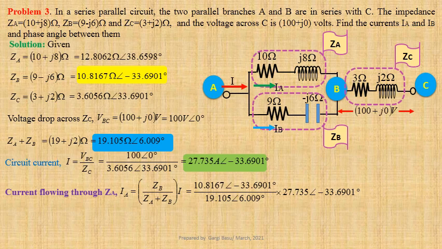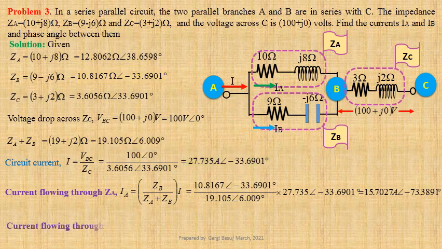That gives us 15.7027 ampere at an angle minus 73.3891 degree.